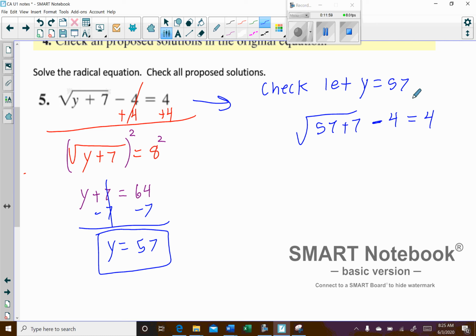Does that equal 4? So we're kind of asking ourselves this question. So we're going to verify. So this right here will become the square root of 64 minus 4. Square root of 64 is 8. 8 minus 4 is 4. So you can see that we're good. It checks out. So that answer works.